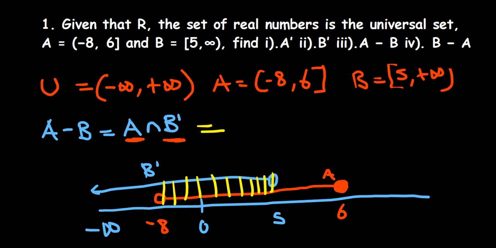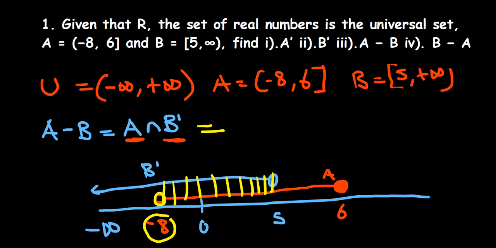Now we come to this endpoint. Listen carefully here, guys. We ask ourselves, is this minus 8 a part of both the set A and the set B complement? We see that in the set A it's not there because we have an open circle there, and in B complement it is there because we have a solid line passing through this minus 8.